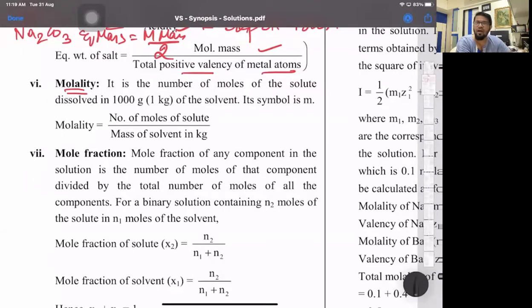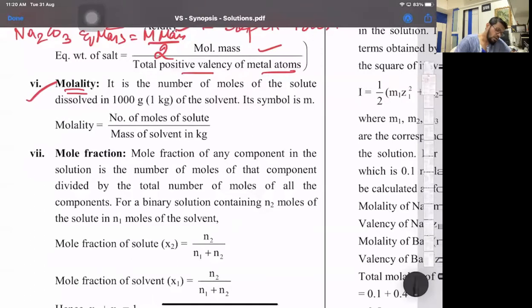So if I prepare a 1 molar or a 1 normal solution and keep it for a week, atmospheric pressure is remaining constant, but in the entire day, there will be temperature changes. So due to temperature changes, the volume of the solution, the liquid, may expand or contract. So due to expansion or contraction, the concentration will change. Whereas molality is the one which is temperature independent.